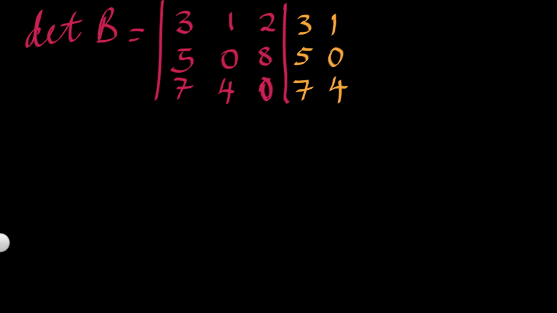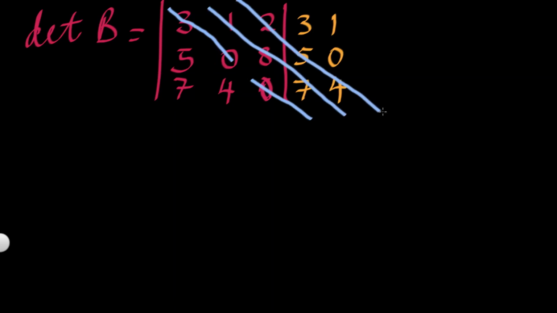Once I have this, I look out for my diagonals. So I have this diagonal here, that diagonal here, and this diagonal here. These are my major diagonals. Then I have these diagonals going like this.